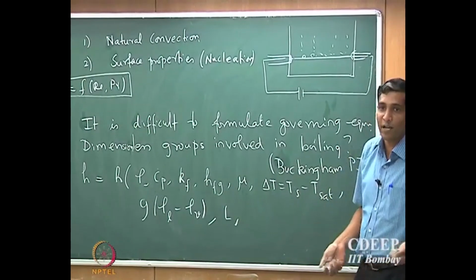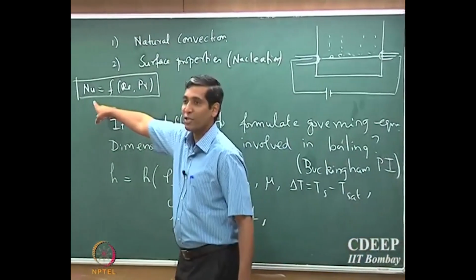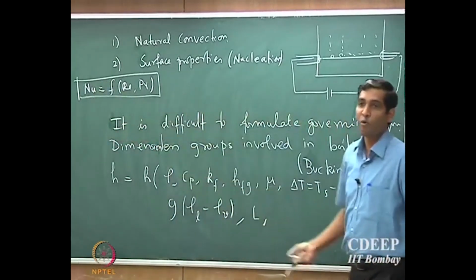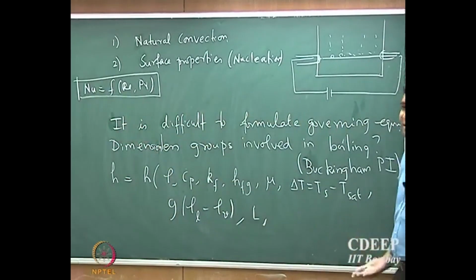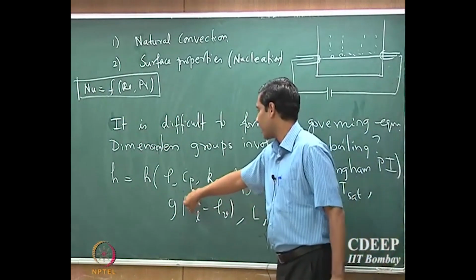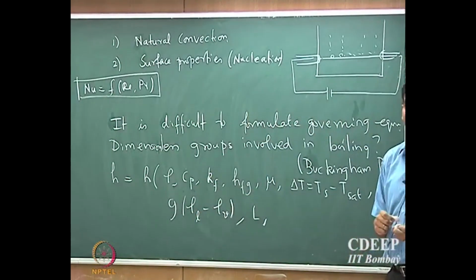So it has to be a function of the length. Remember, for the Nusselt number, you have hL by k, or hd by k if it's a polar coordinate system. What else? We've got viscosity, we've got sensible heat, we've got rho. This is another important aspect.